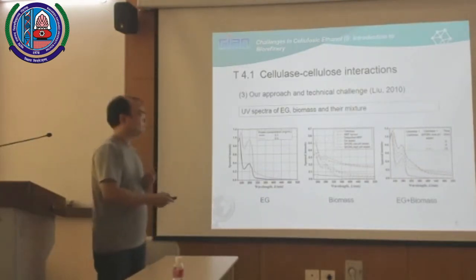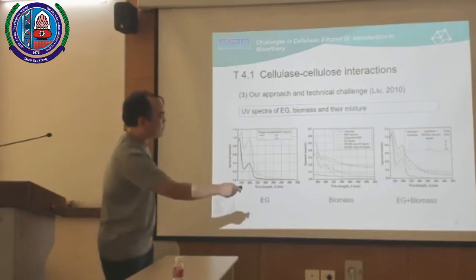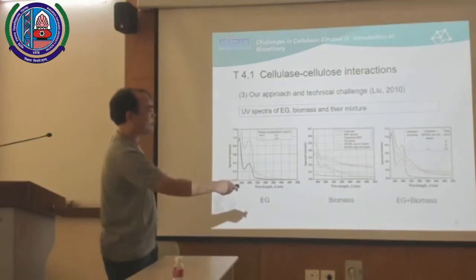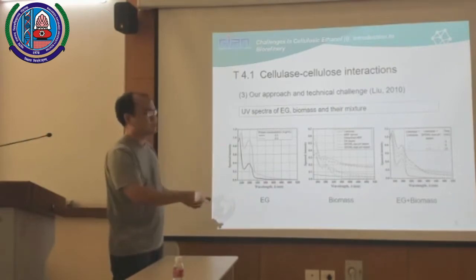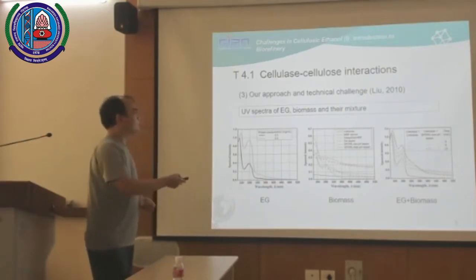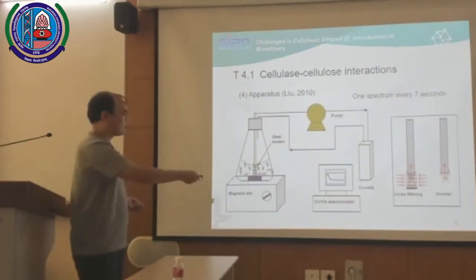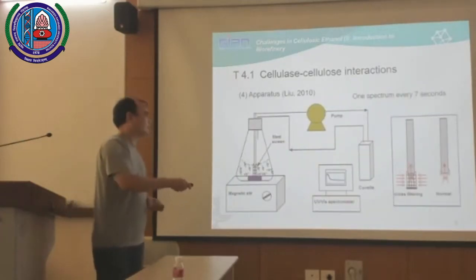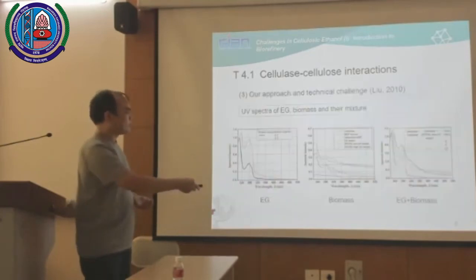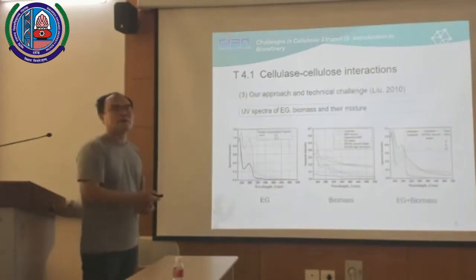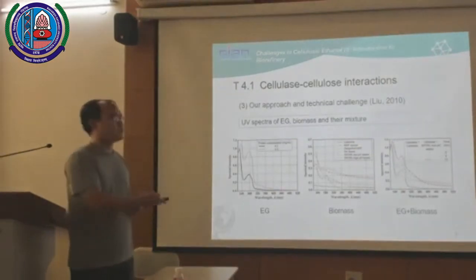Okay. And if we mix the cellulase and the cellulose and the biomass together, we will find that at different times the signals change. Using a UV visible spectrometer, we can get the spectrum at every second.